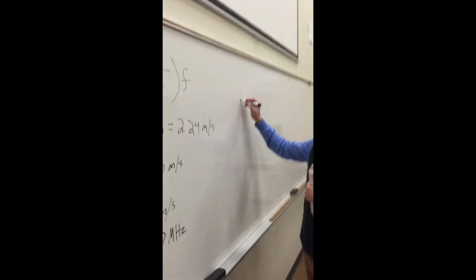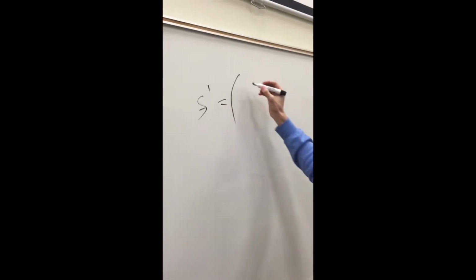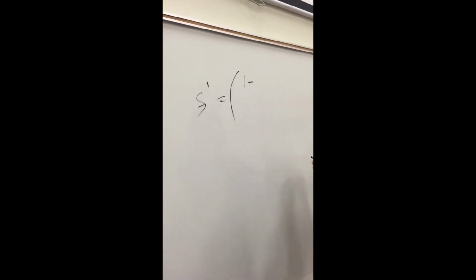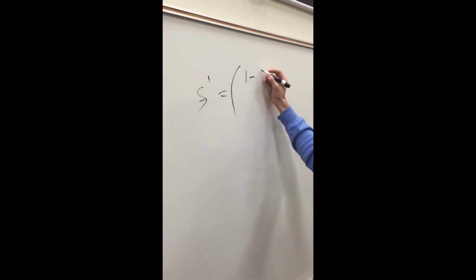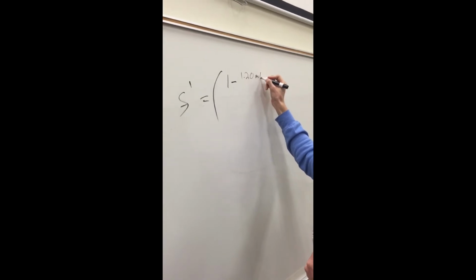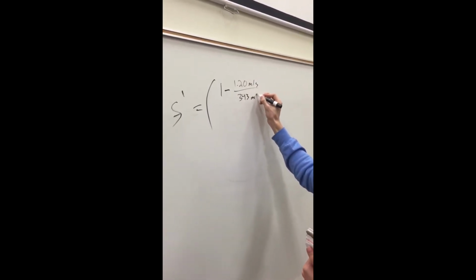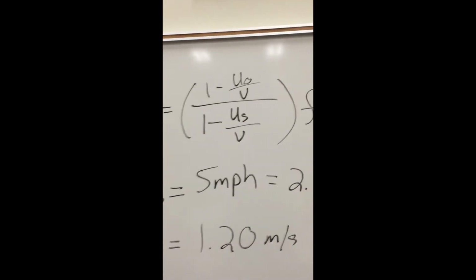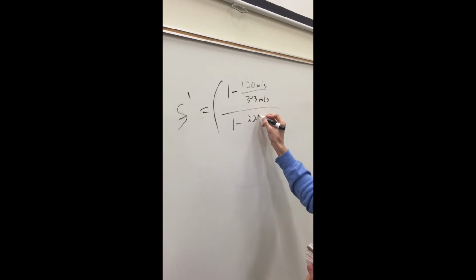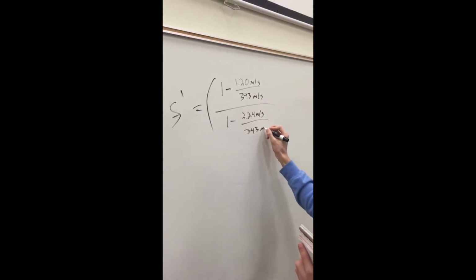So, to get the perceived frequency that Chris heard walking past, we set up the equation. Since the car was moving towards Chris and Chris was walking towards the car, it's going to be subtracting. So the speed of the observer was 1.20 meters per second over 343 meters per second, and that quantity over 1 minus 2.24 meters per second over 343 meters per second.